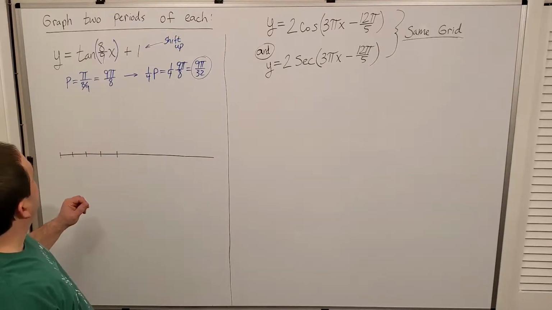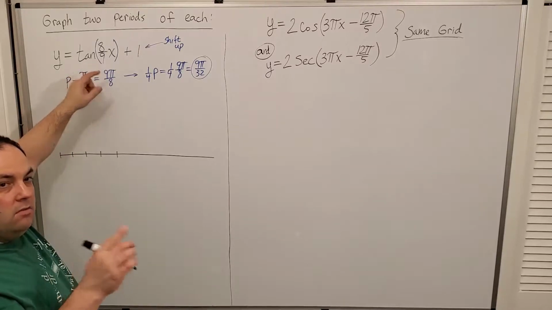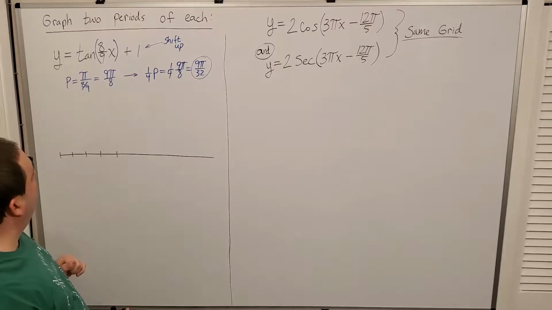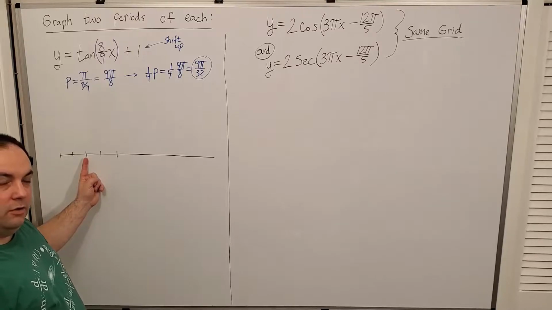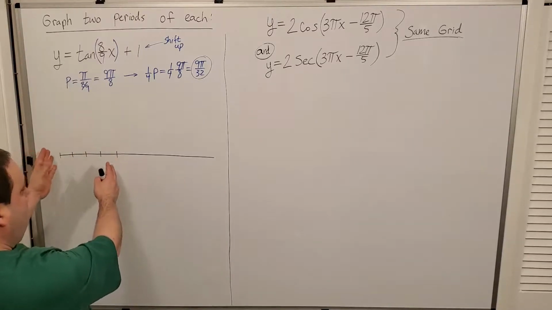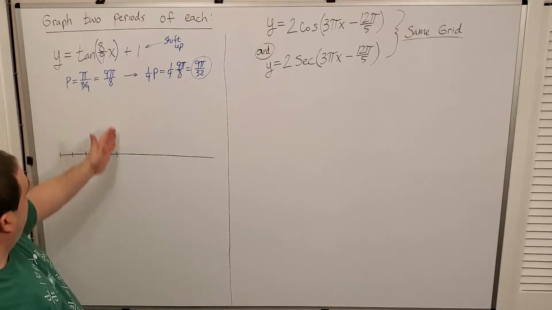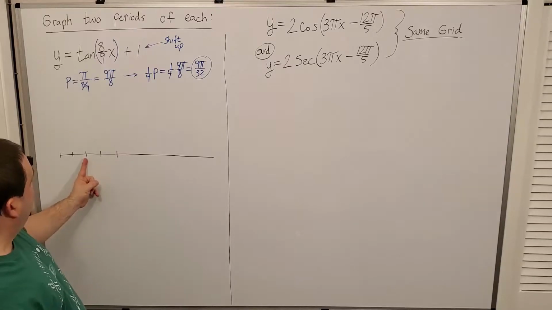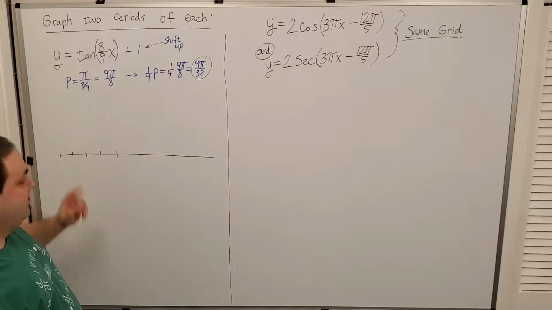Okay. So from here, remember, tangent is the one oddball. He's the one that stands out different from the other ones. Tangent starts at the center of your period. These 5 marks represent my first period, and my asymptotes are going to be on the first and the 5th marker. My center, the thing that gets shifted for tangent, is in this middle mark.